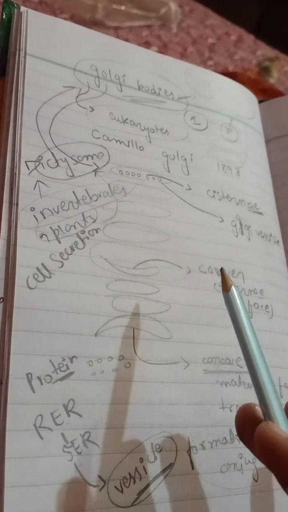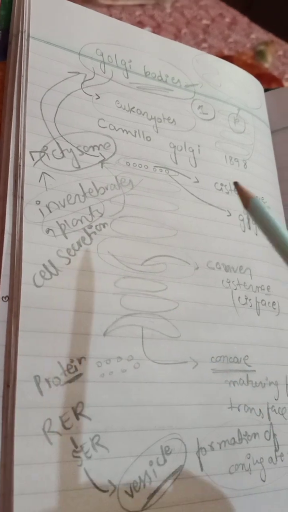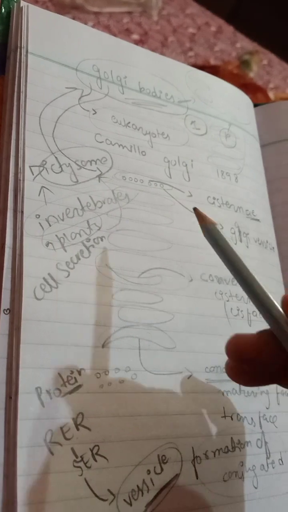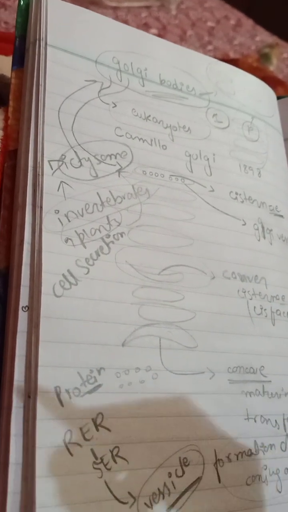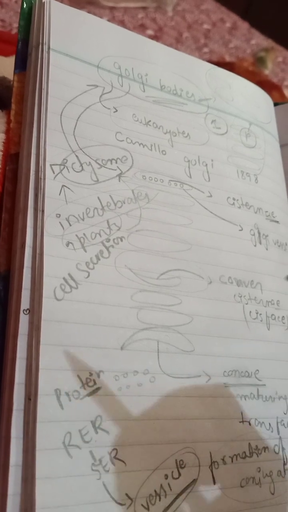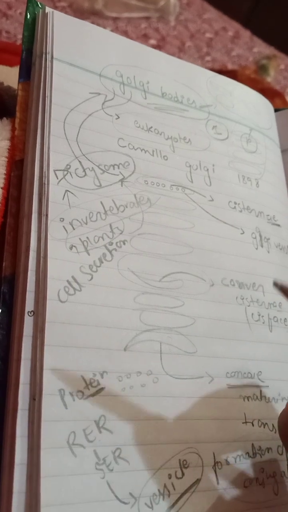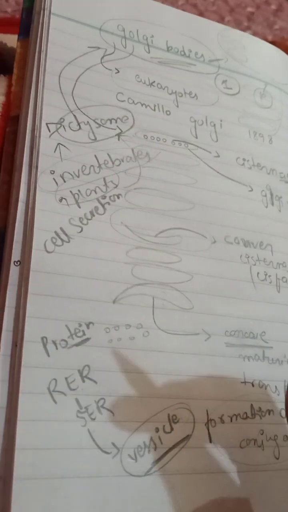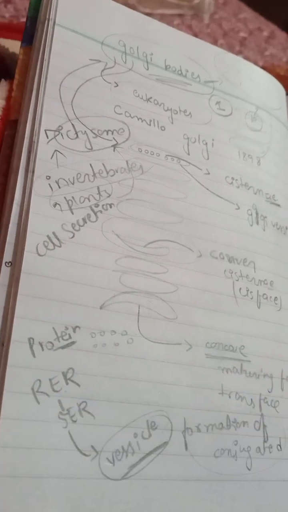One more thing: the Golgi bodies are also responsible for macromolecules like chitin and cellulose. Cellulose, in the form of the cell plate, and chitin are Golgi products. There are many polysaccharides that are secreted by the cells, like cellulose and chitin.